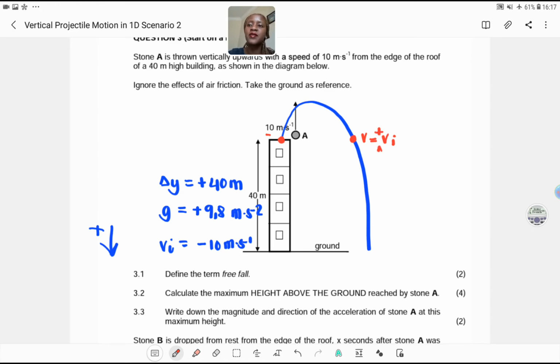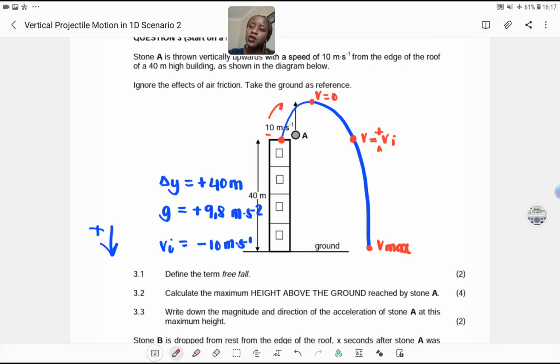So this one is negative 10 meters per second, and that will be positive 10 meters per second. And I know at that point my velocity is 0. And here is when I'll have my maximum velocity. So those are things that you can just bear in mind.